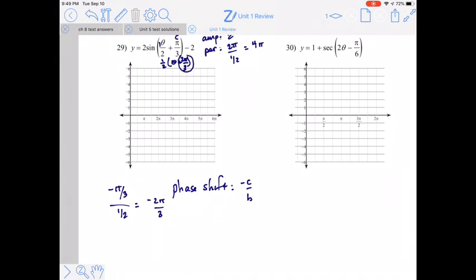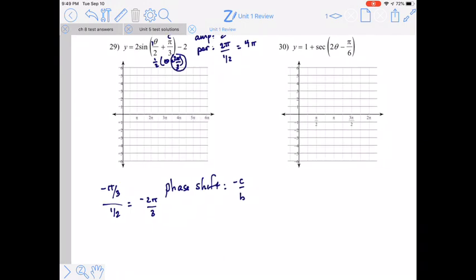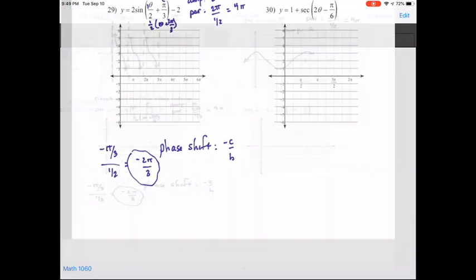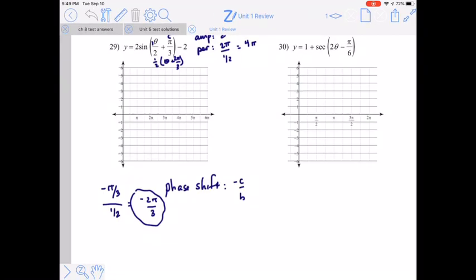So now 2 pi over 3 becomes your horizontal shift to the left, if you want to think about it that way. Or, since this is negative 2 pi over 3, it moves to the left, negative 2 pi over 3 units. And then it moves down 2 units. It's got a vertical shift down 2 units.